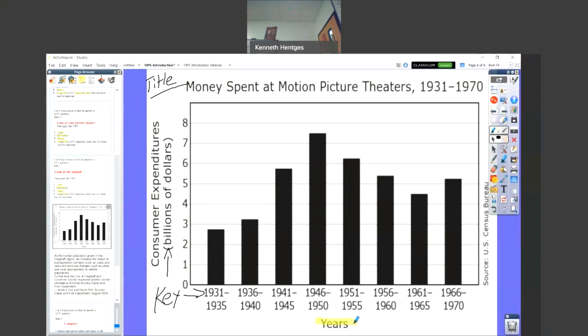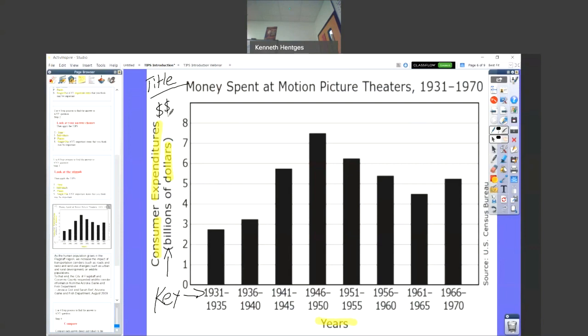All right. Consumer expenditures. Expenditures is a college level word you will occasionally run across. If you don't know it, you can figure it out because look, what's in parentheses? Dollars. A simple word for expenditures is simply money.